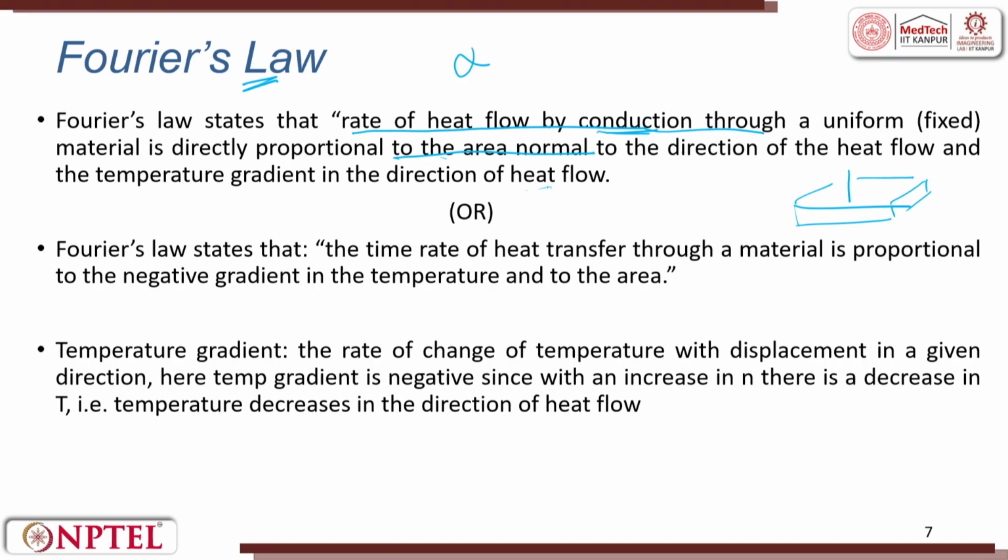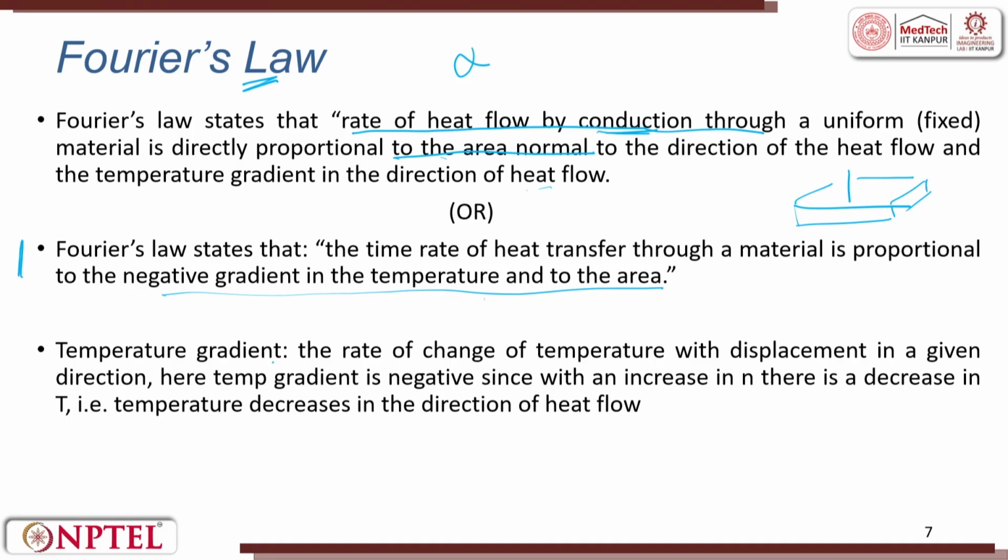Fourier's law also states that the time rate of heat transfer through a material is proportional to the negative gradient in temperature and to the area. So, this is another way of putting forth the same law.